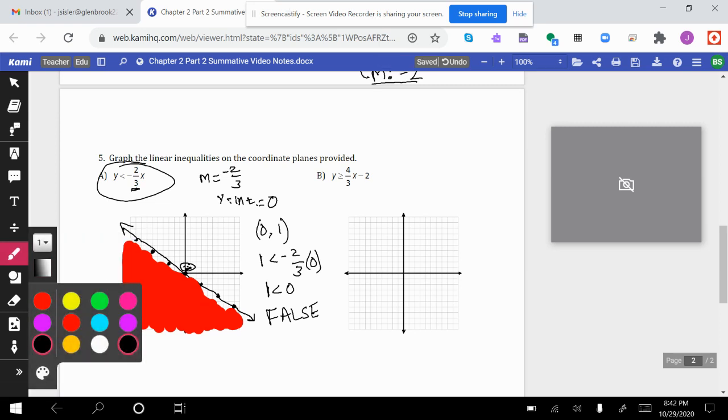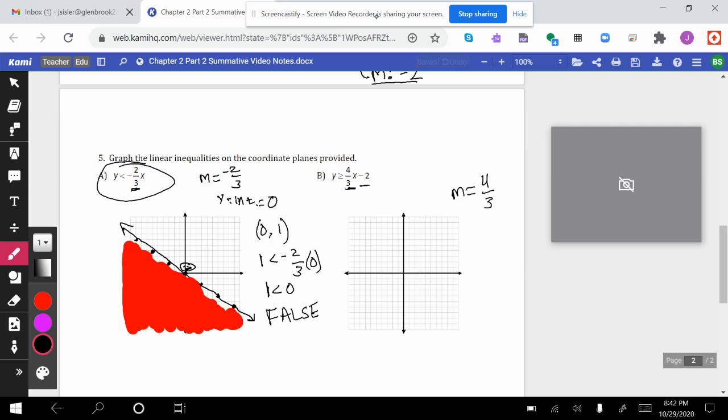Let's try another one. So again, same process as if we were graphing a normal line in slope-intercept form. Here's our slope. It is positive 4/3. Here's our y-intercept of negative 2. Okay, so I just plot my y-intercept at negative 2, and then I'm just going to walk my slope up 4/3.